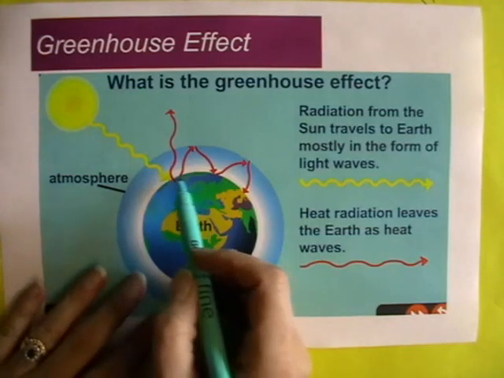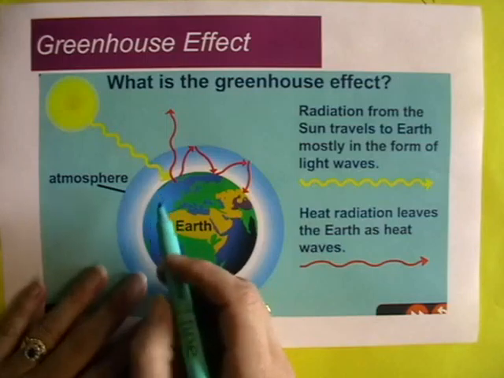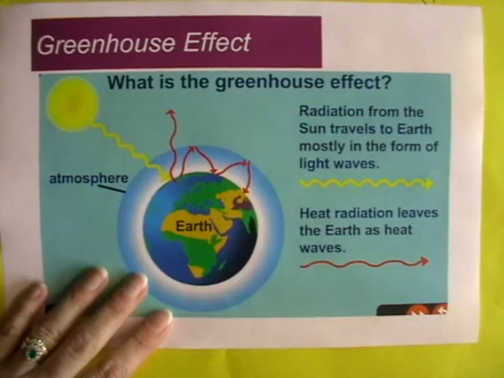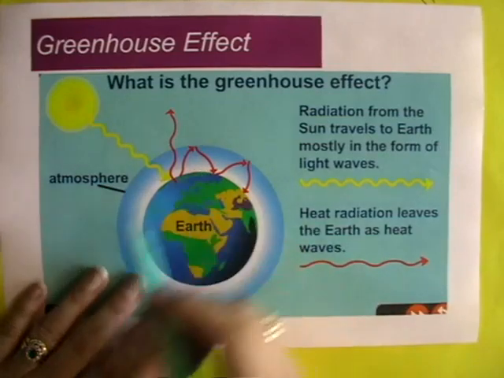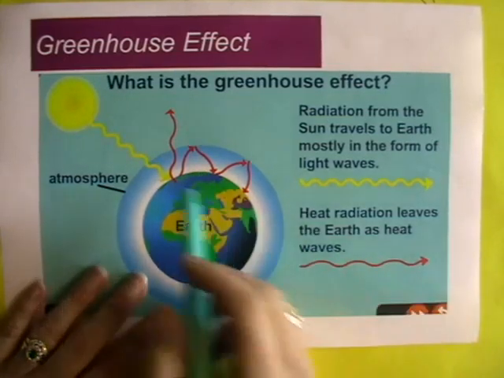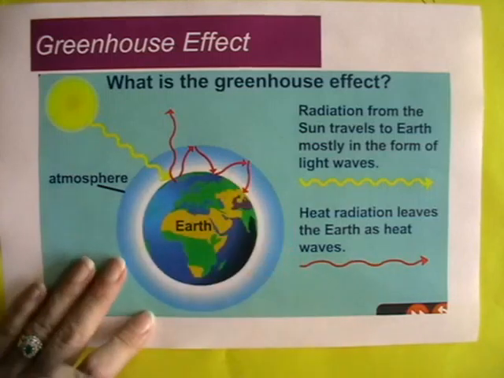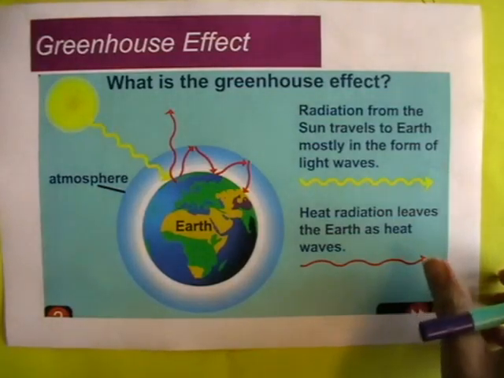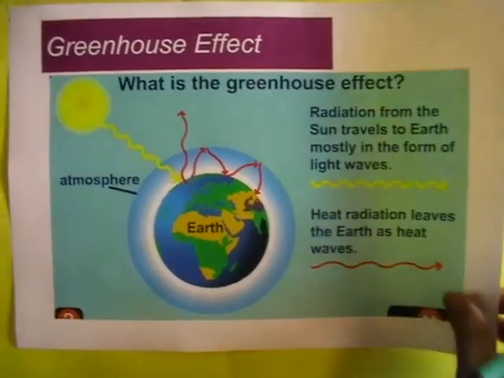It reaches the Earth's surface where it is absorbed by the Earth. The heat is then re-emitted to the atmosphere. It's at a lower temperature, but it's also at a longer wavelength, and due to that longer wavelength, it is trapped by the atmosphere. And the more CO2 we have in that atmosphere, the more heat we're trapping, and that's leading to a rise in the temperature of the Earth, and we call that global warming.